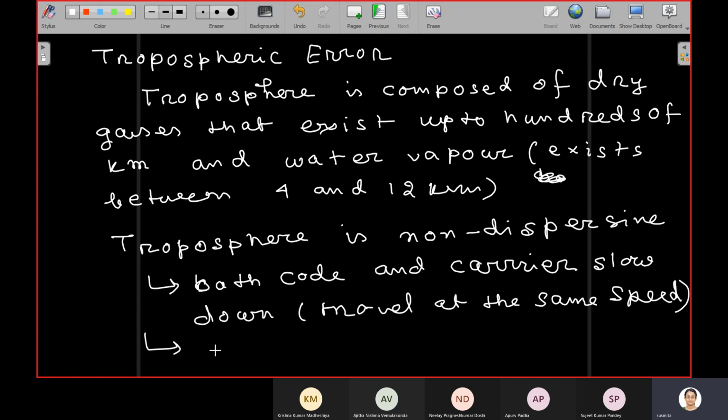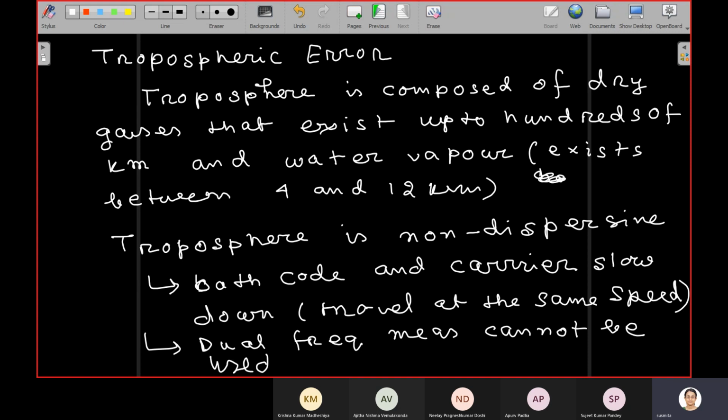We cannot use dual frequency measurements to remove the tropospheric error.